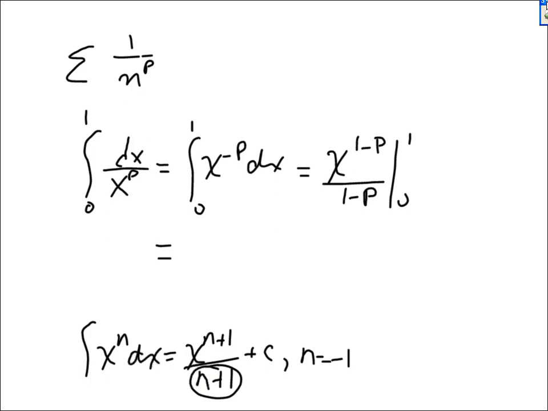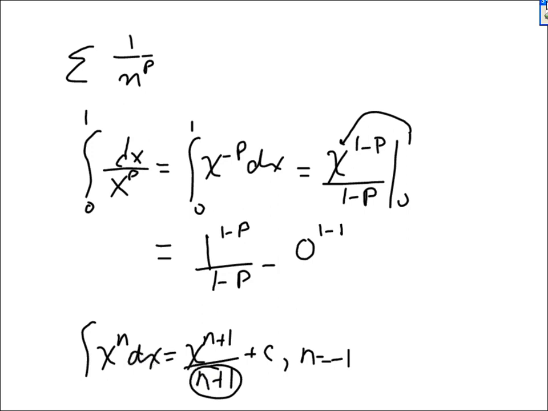So, something's bizarre. Okay, so first you let x be 1. So you get 1 to the 1 minus p over 1 minus p minus, and now you let x be 0.